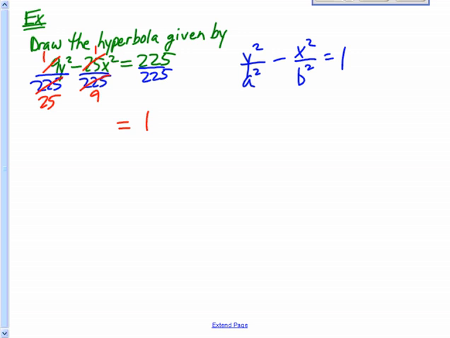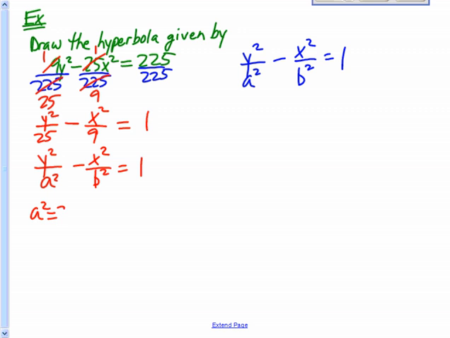So I've got y squared over 25 minus x squared over 9. And there we are, in the form y squared over a squared minus x squared over b squared equals 1. We want to put this in standard form so I can identify: a squared is 25, so a is 5. b squared is 9, so b is 3.